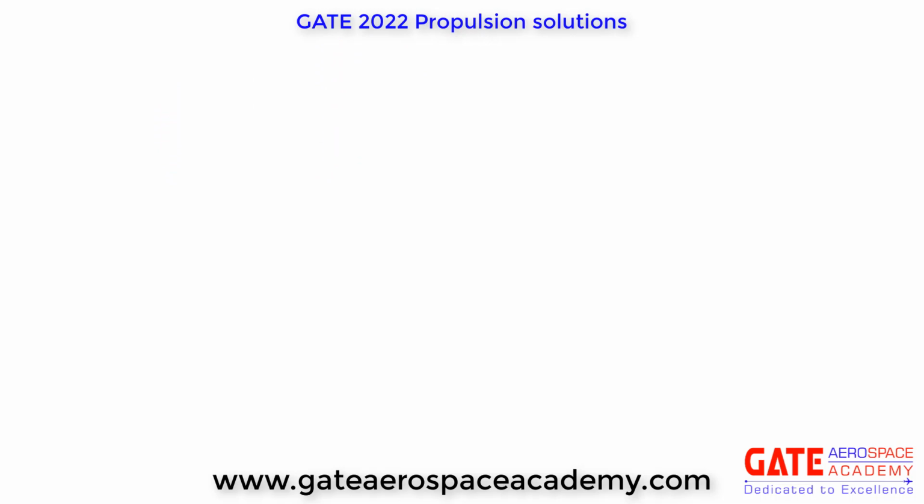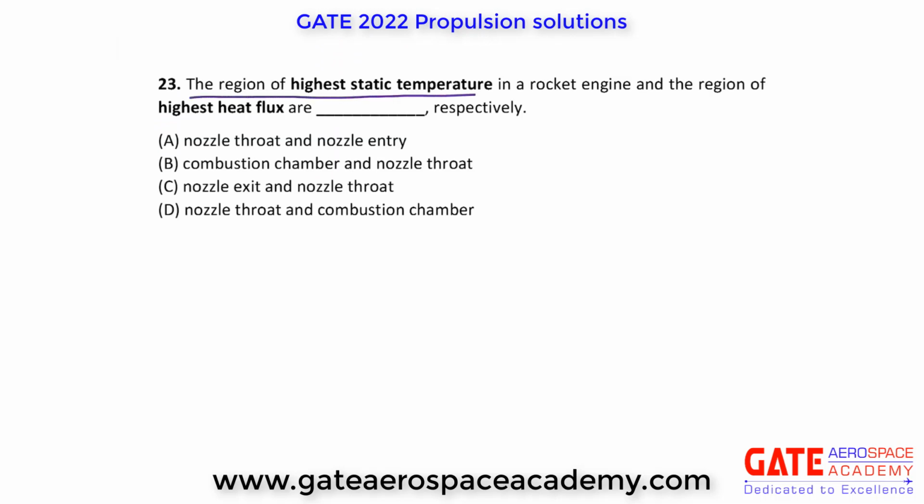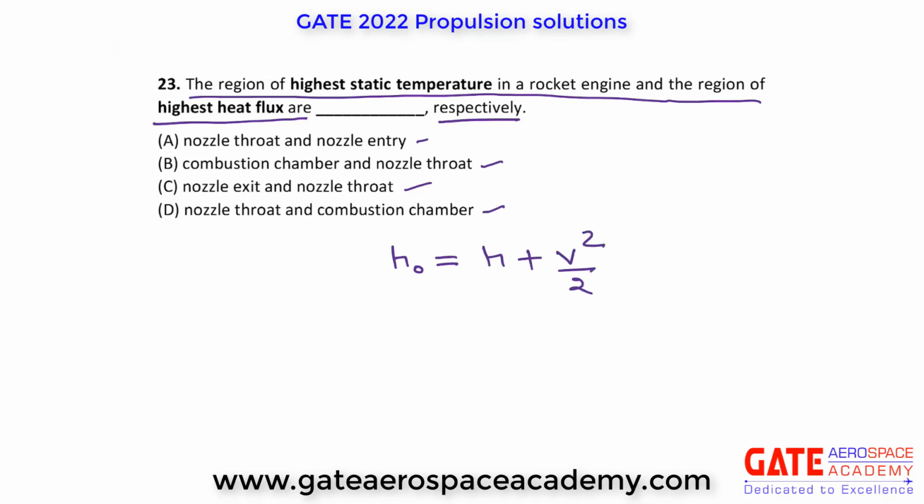Question number 23. The reason of highest static temperature in rocket engine and reason of highest heat flux are respectively nozzle throat and nozzle entry, combustion chamber and nozzle throat, nozzle exit and nozzle throat and combustion chamber. So we know that temperature is highest inside the combustion chamber, correct? And what is the relation between stagnation and static temperature? H naught, stagnation enthalpy, is equal to static enthalpy plus V square by 2.